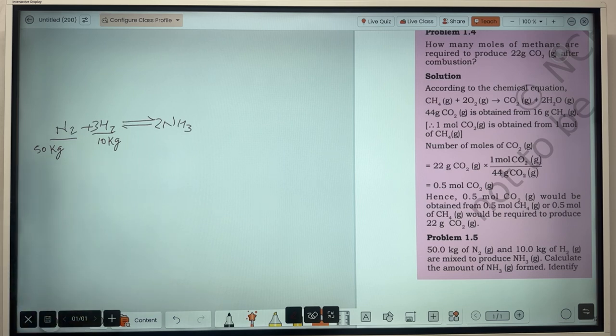Okay guys, so what happened here? According to their weight you can find out, or you can calculate the number of moles of nitrogen.